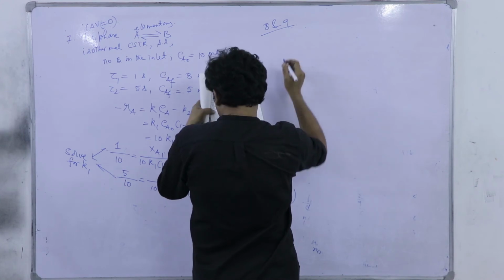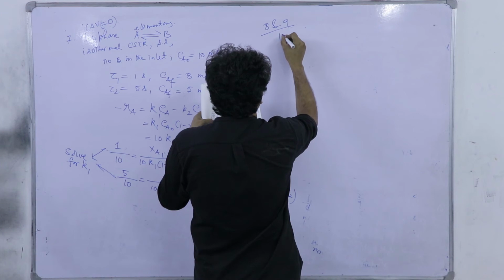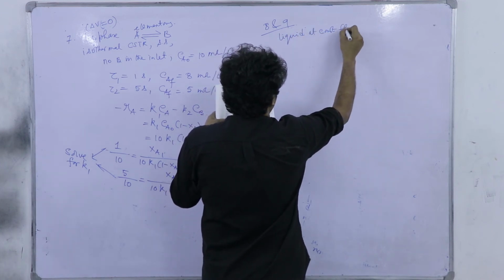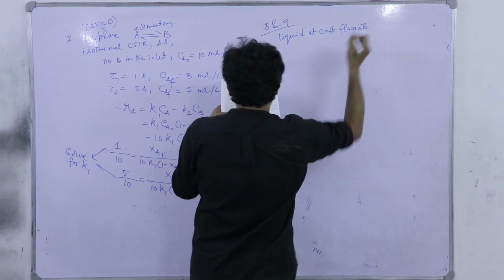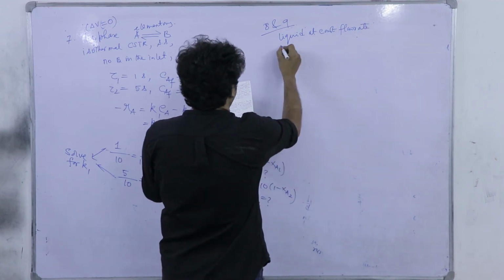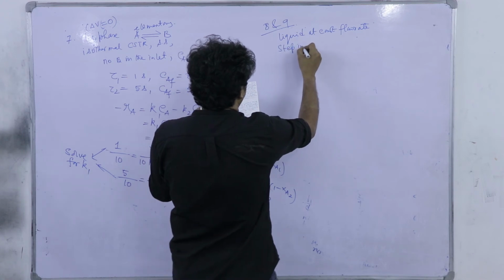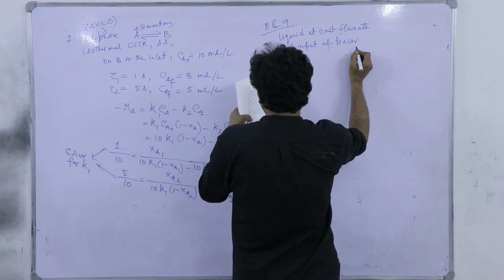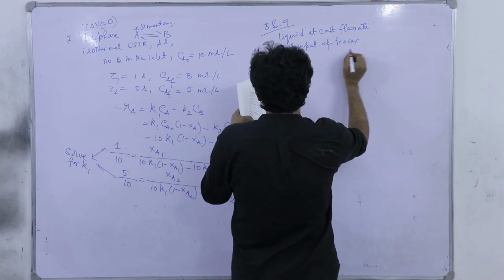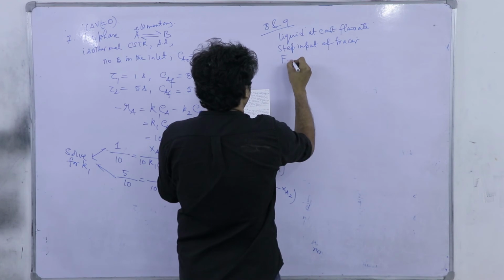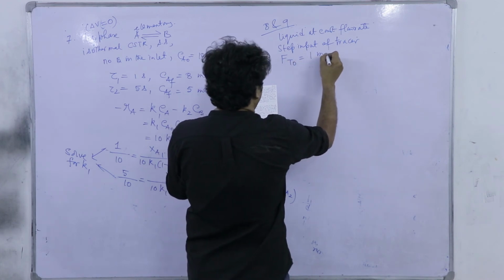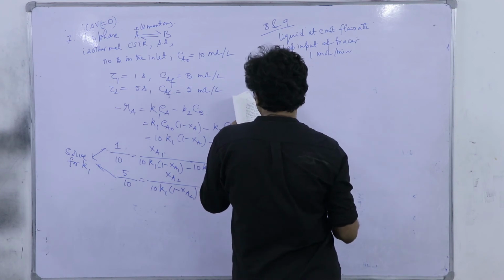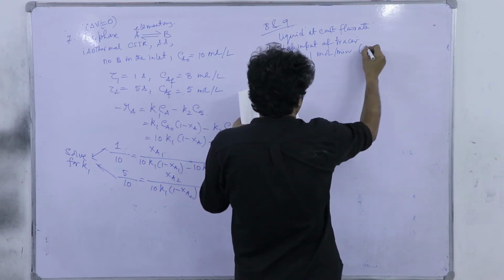A step input of tracer at a molar flow rate Ft naught of 1 mole per minute is given to the reactor at time t equal to 0.